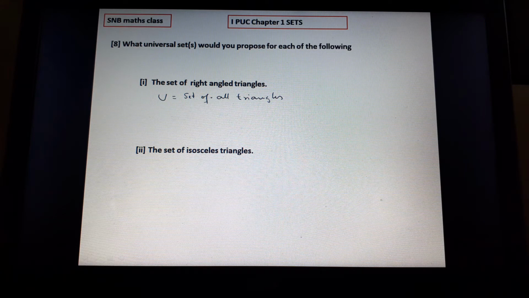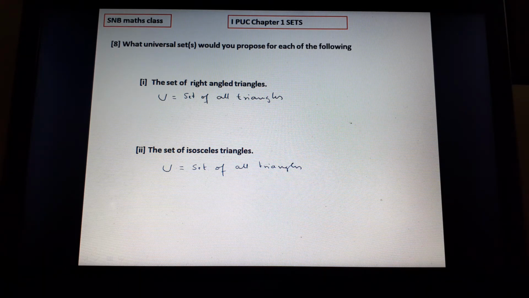So this is the universal set for which this is the subset. So you can take this as the universal set. Similarly, the set of all isosceles triangles, you can take the same thing, U equals the set of all triangles. So this is the universal set. You can think of some more universal sets for these two, that is left to you.